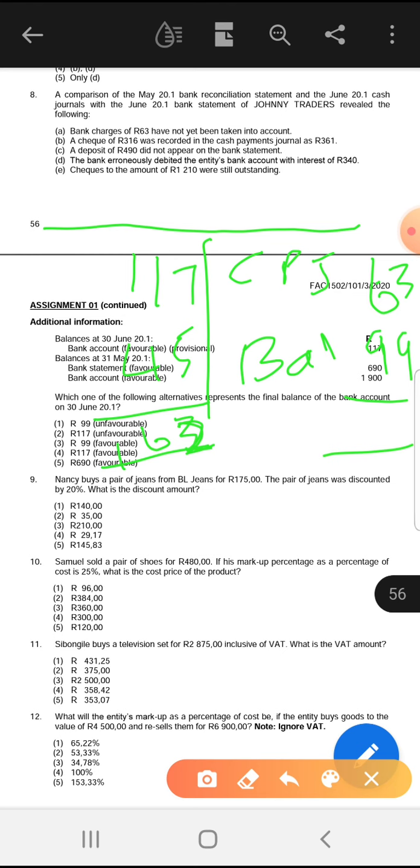It will be our opening balance, and it's favorable because it is on the credit side. So this is how I got the answer for question number 8, being option 3.